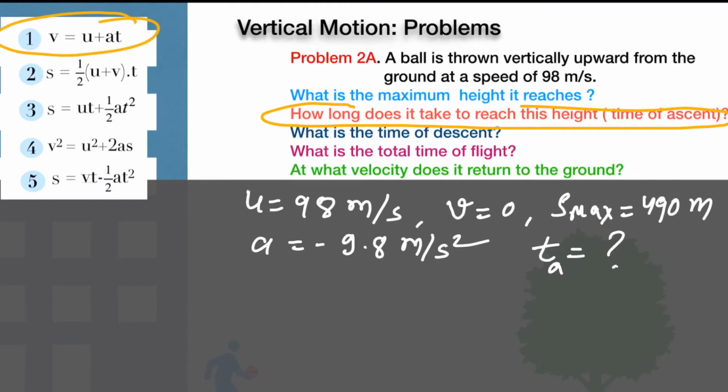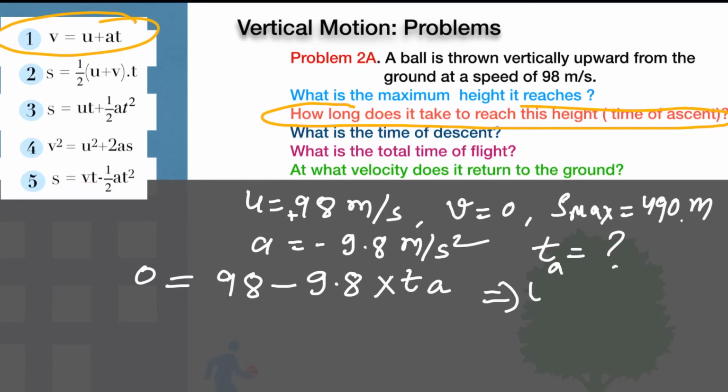So here if you put the values, v is equal to 0, equal to u, which is 98, minus 9.8 into TA. It means TA is equal to 10 seconds. So the time taken by the ball to reach the highest point is 10 seconds.